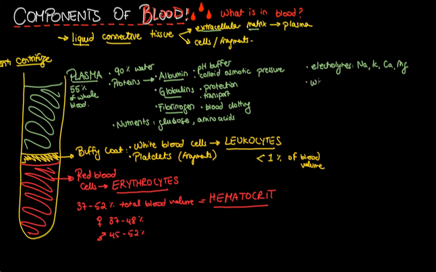Plasma also carries around wastes, so waste products. Examples are urea, uric acid, creatinine, which is a muscle waste product, ammonia, bilirubin, and other components such as gases, so CO2, oxygen, nitrogen, as well as hormones.